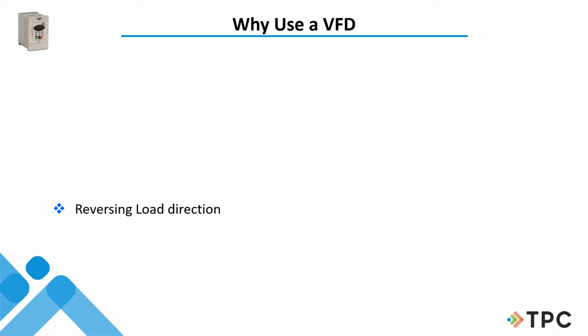The other advantage of VFDs is, yes, I can reverse the motor, but I don't have to have a reversing contactor to do it. Typically with across-line motor starters, I've got two contactors and at least one set of overloads, maybe two, depending on what kind of motor it is. I don't have any of that with a VFD drive.